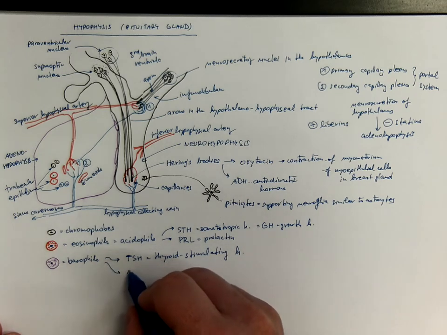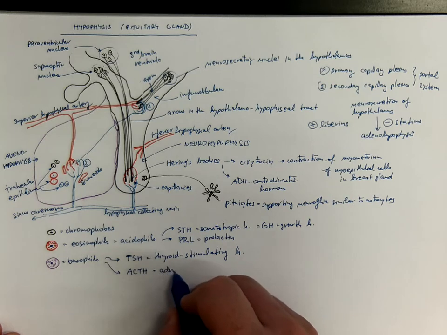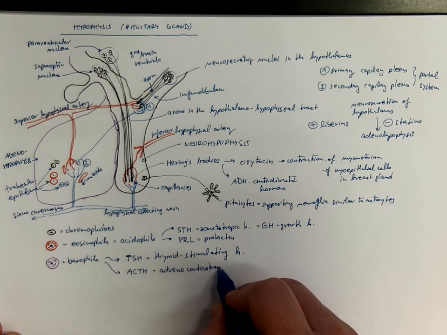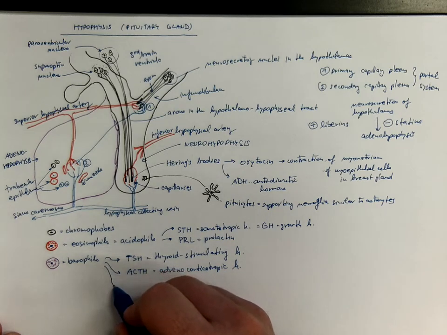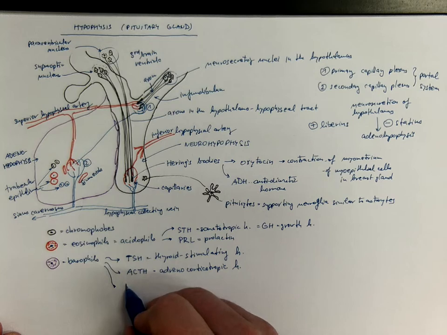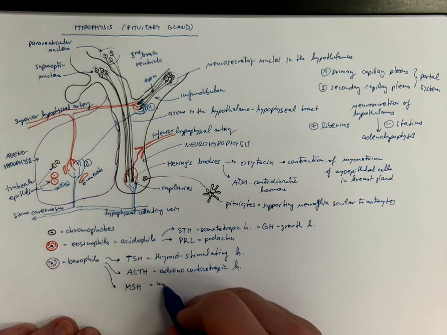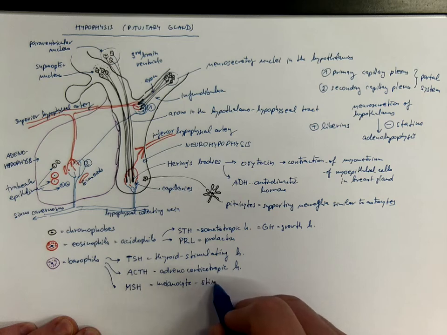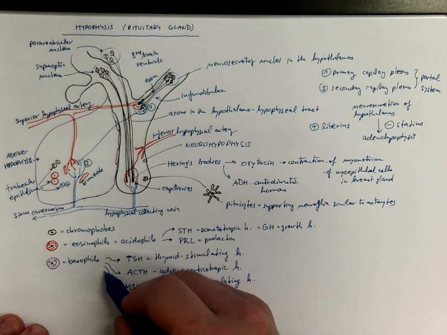Other basophils are producing adrenocorticotropic hormone, that affects the activity of the adrenal gland. Other basophils are producing melanocyte stimulating hormone, MSH. That promotes the activity of pigment cells.